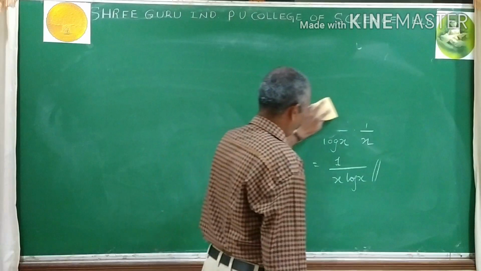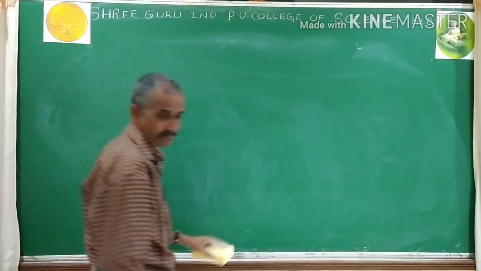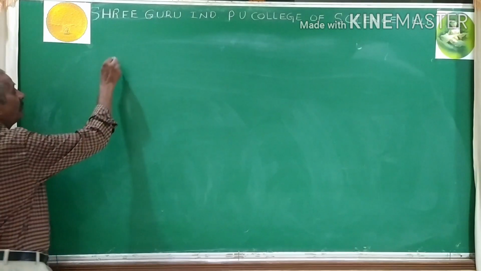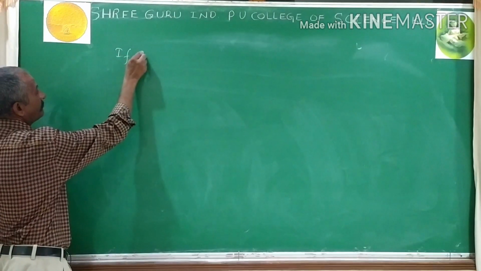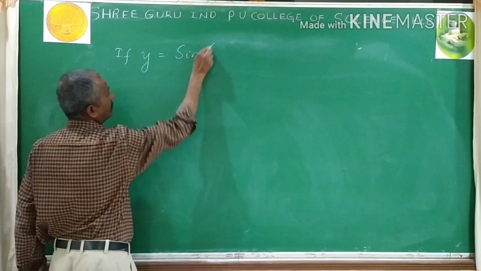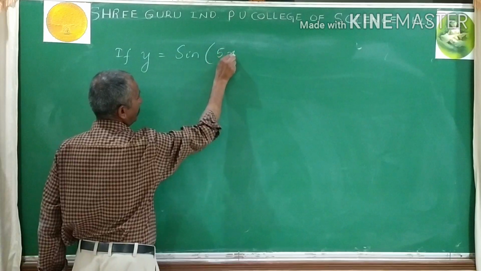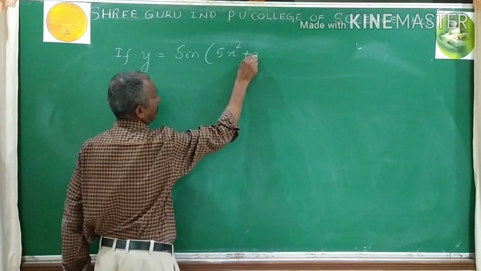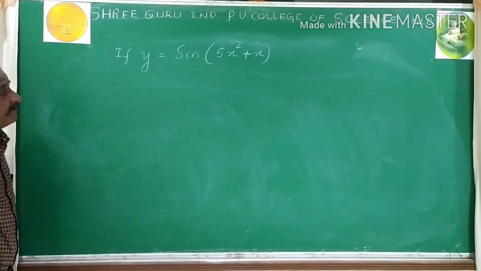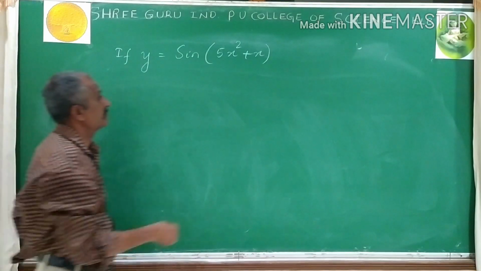Next problem. If y equals sine of 5x square plus x, then find dy by dx.